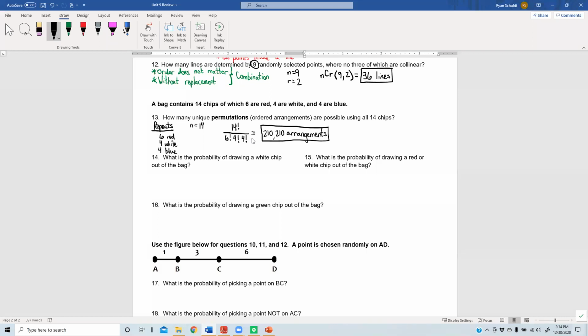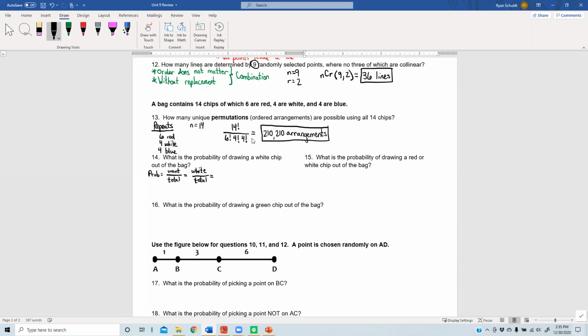Okay, now we're dealing with probability. What's the probability of drawing a white chip out of the bag? So remember, probability is simply what we want over the total. So we want the number of white chips. So this is, I'm going to write it out in words, over total.